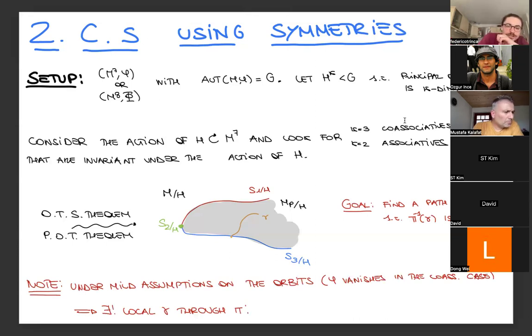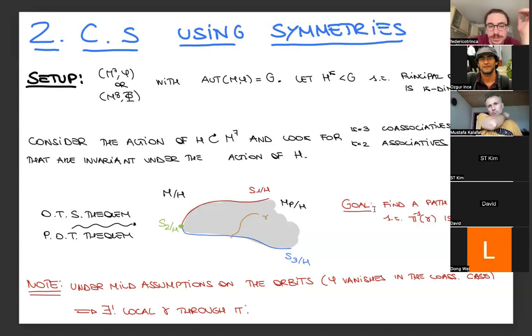The crucial observation, and it's going to be even more crucial tomorrow, is that under mild assumptions on the orbits, you can always find a local gamma passing through any orbit. This is because if my orbit is k dimensional and I'm looking for something that is k plus one dimensional, I have the local existence and uniqueness theorem by Harvey and Lawson, and so I can locally construct such a path.